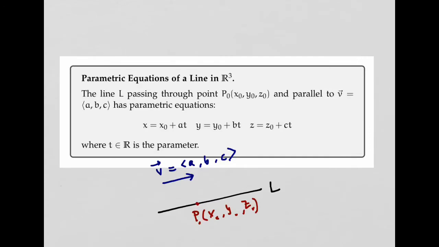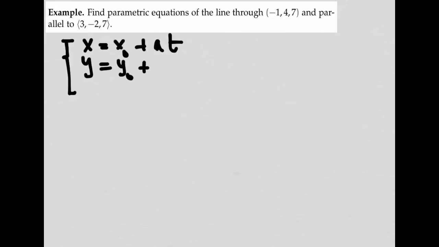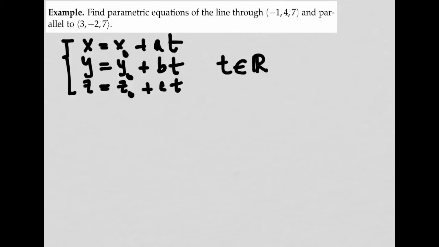Recall that the parametric equations are given by the following three equations. Let me rewrite them again. x equals x0 plus at, y equals y0 plus bt, z equals z0 plus ct. t, a real number, is our parameter.